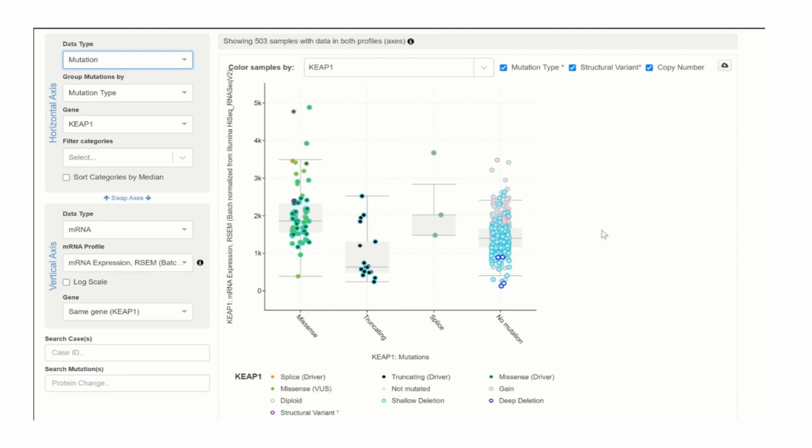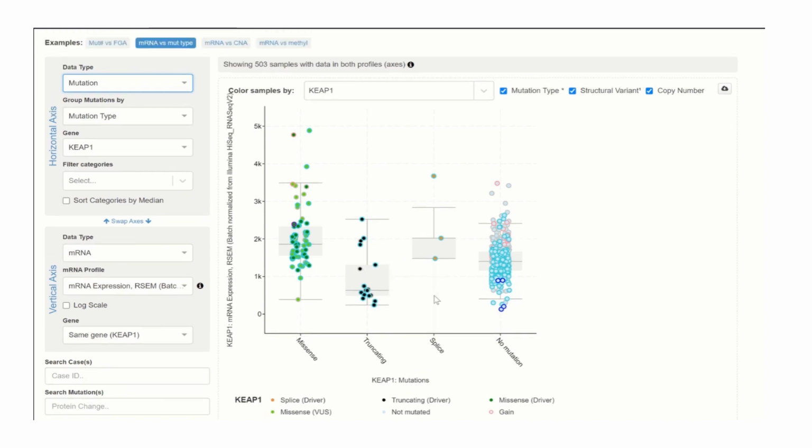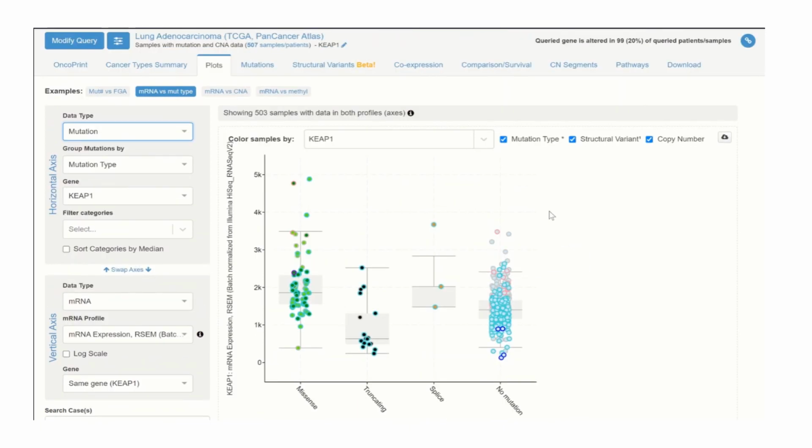So we can analyze these plots. As we can see on this side, this is mRNA expression levels for no mutations, which is about 1.5K. And then missense, for example, seems to have higher mRNA expression levels, whereas truncating mutations have lower levels. So that's how we can analyze this plot.